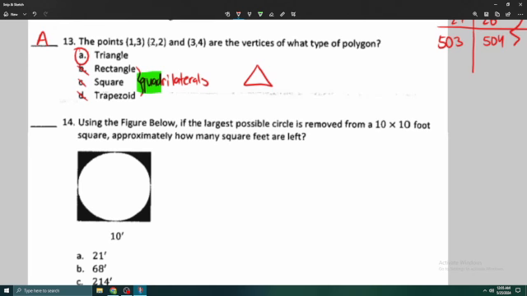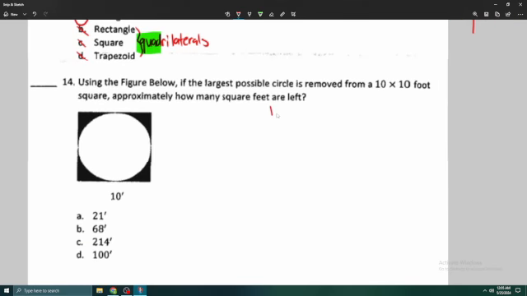I can't make a rectangle with only 3 corners. If you wanted to, you could make a quick graph, but it's kind of a waste of time when we know that a triangle is the only shape that could have these 3 vertices, not 4.